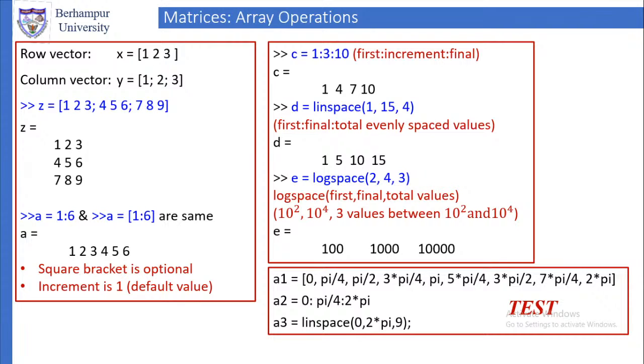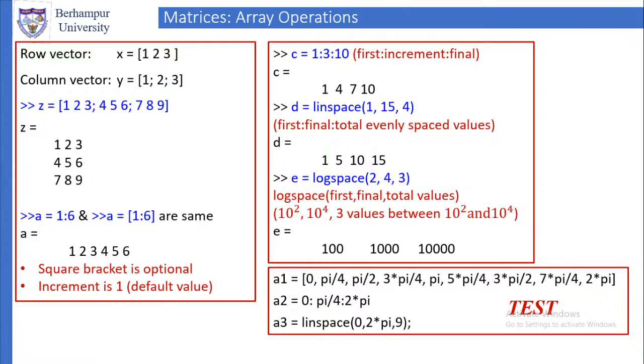Then we have another matrix z which has rows and columns. In the first row we have 1, 2, 3. The next row is 4, 5, 6. The next row is 7, 8, 9. So it is a 3 cross 3 matrix. So what we have got: a 1 cross 3 matrix, a 3 cross 1 matrix and a 3 cross 3 matrix. These are 3 things that we have got.